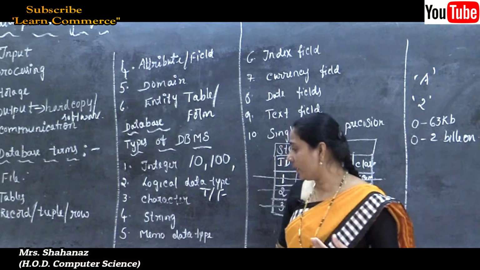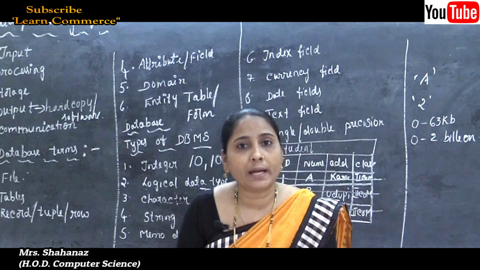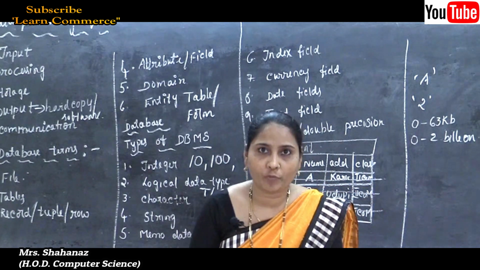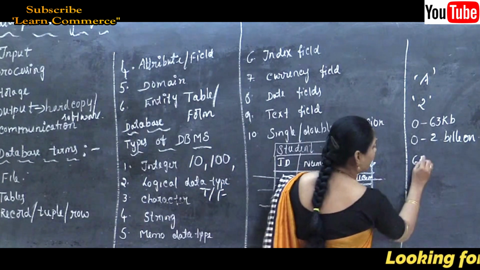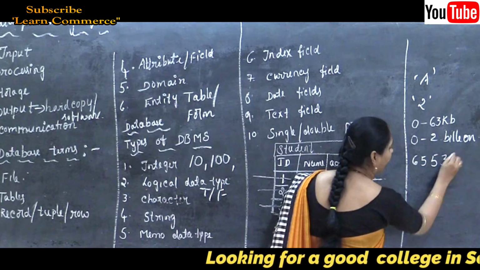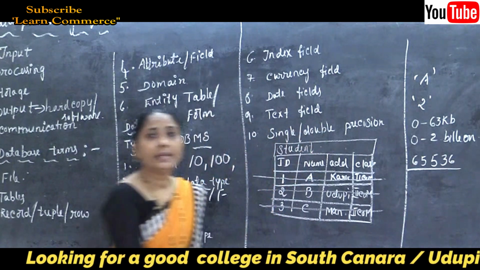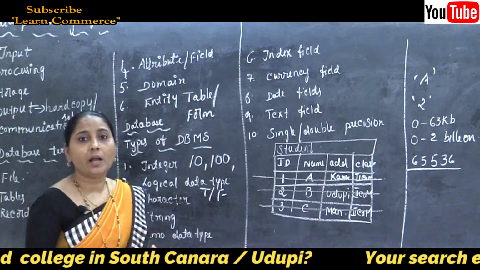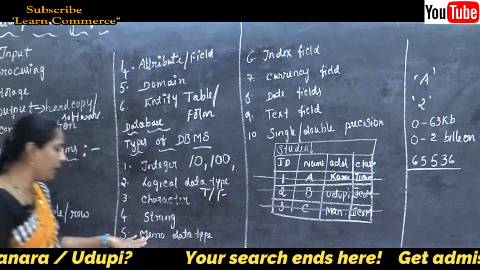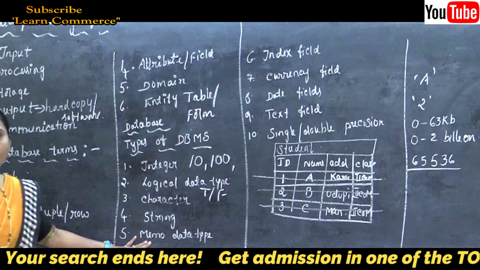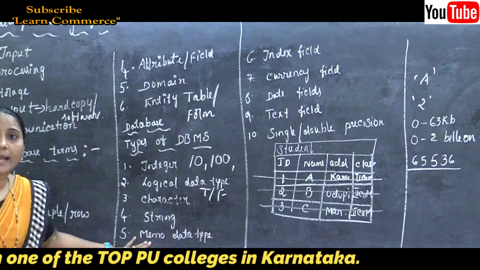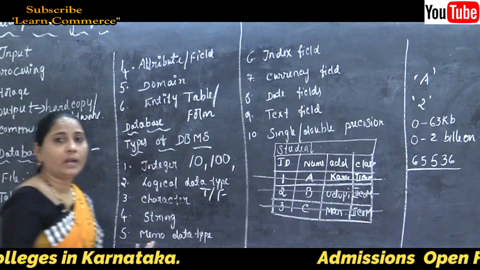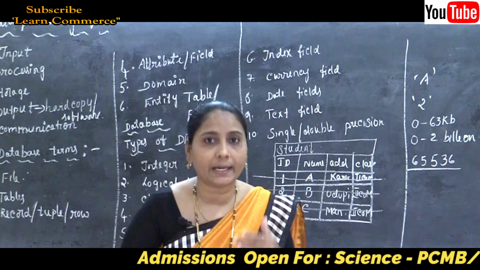And later, next one is our memo data type. So in our memo field we can store up to 65,536 characters. Clear this point here? So that means here how many characters we can store by using the memo data type while going to create the database.